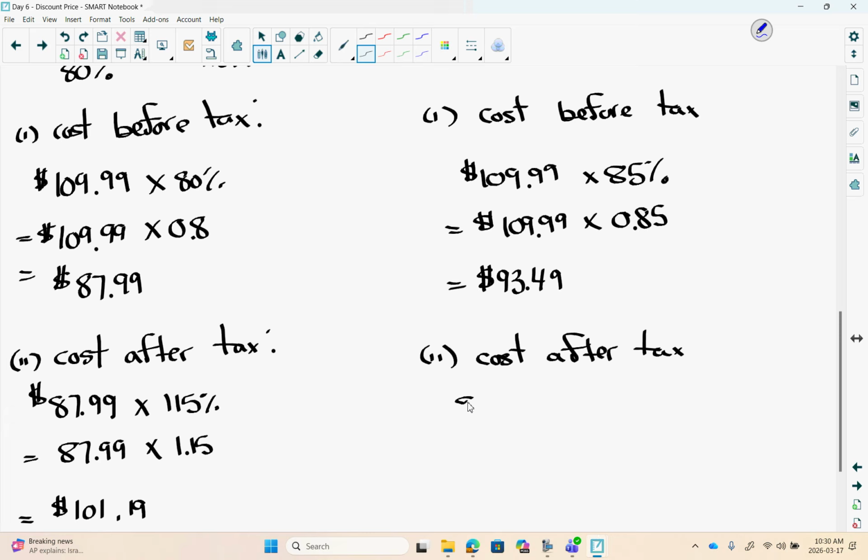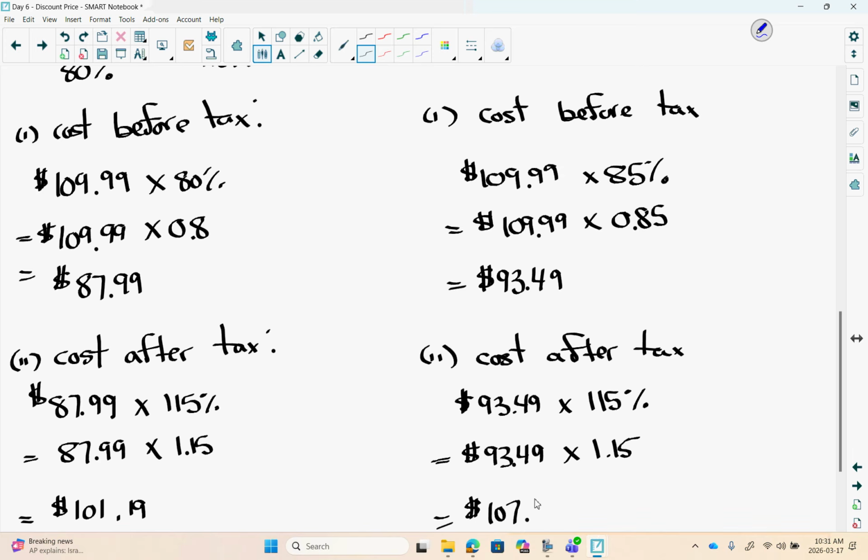So we go 93.49 times 115%. You're still paying 15% tax. That gives you 93.49 times 1.15. And 93.49 times 1.15 is 107.51.